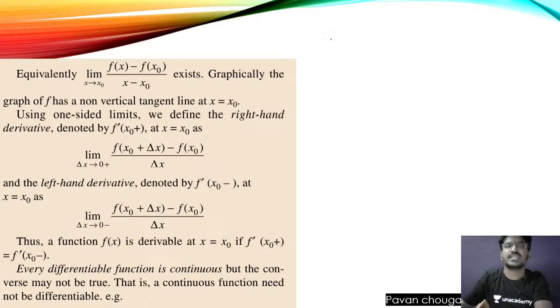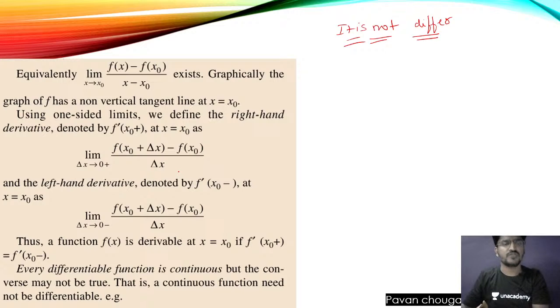Then we say that it is not differentiable. These all things are very, very important. Clear, students? So with this simple introduction of differentiation, let us see one of the very, very important conclusions.